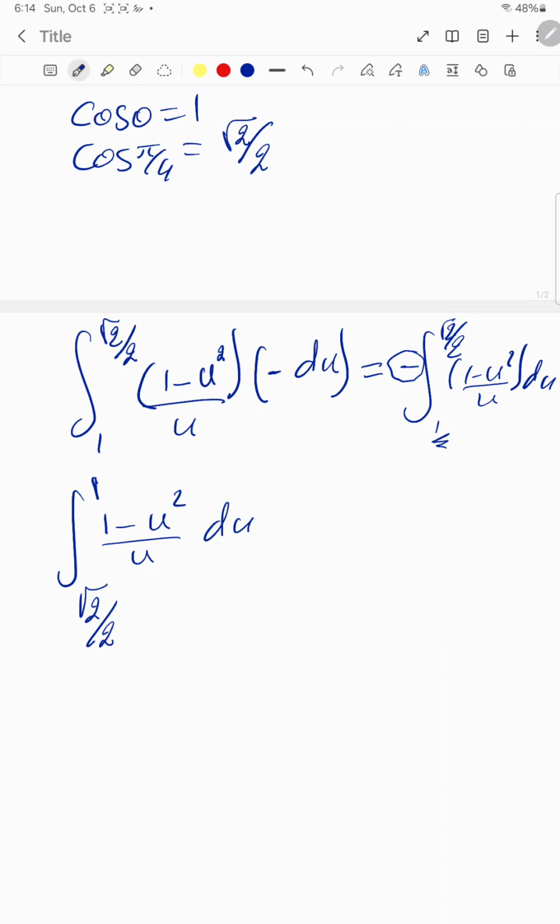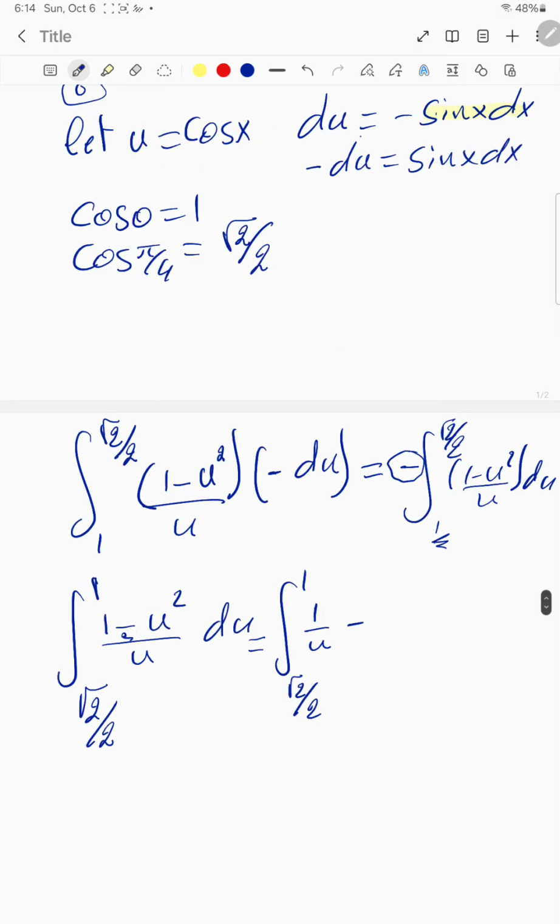Yeah? So I can split my integral into two integrals, which is equal to the integral between square root of 2 divided by 2 and 1 of 1 divided by u du, and I have minus the integral of u du here, between square root of 2 divided by 2 and 1.